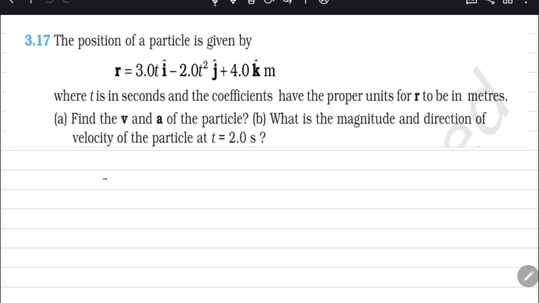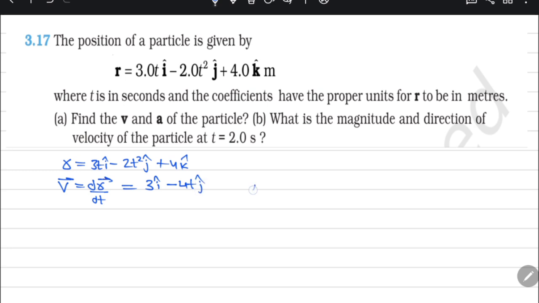The position of a particle is given, and t is in seconds, and the coefficients have proper units, with r to be in meters. Find the velocity and acceleration of the particle. They have given r vector as 3t i cap minus 2t square j cap plus 4 k cap. Velocity is basically dr vector by dt, so it is 3 i cap minus 4t j cap.